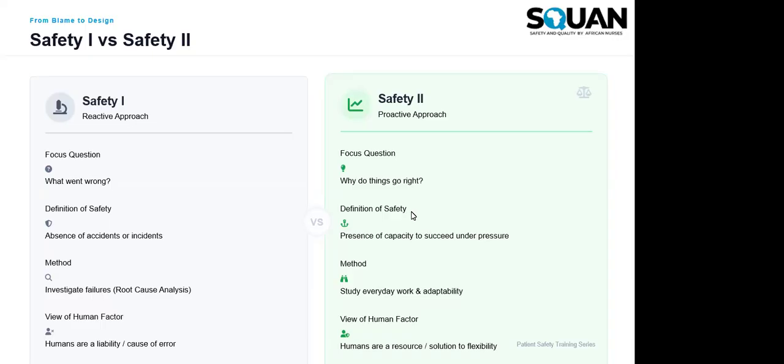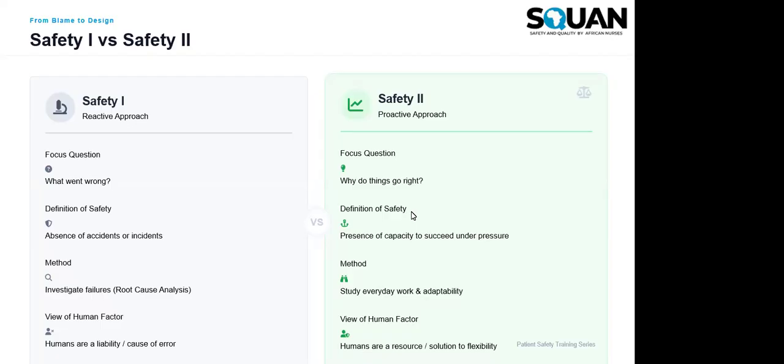Because it's reactive, it's saying, okay, what happened? Who was the person involved? What transpired? What did you do? So it seems to focus on the human as a liability and the cause of the error. But the proactive approach looks at things differently. The question it always asks is, why do things go right? Rather than the negative thing of what went wrong.